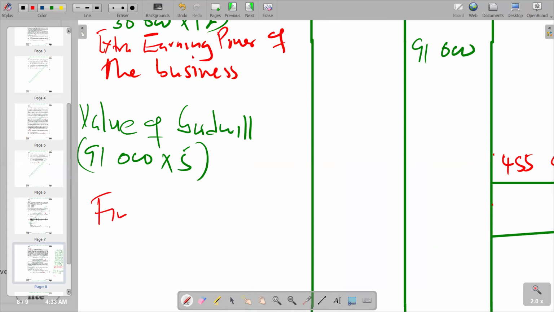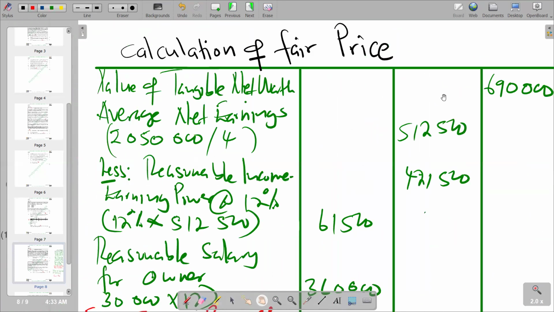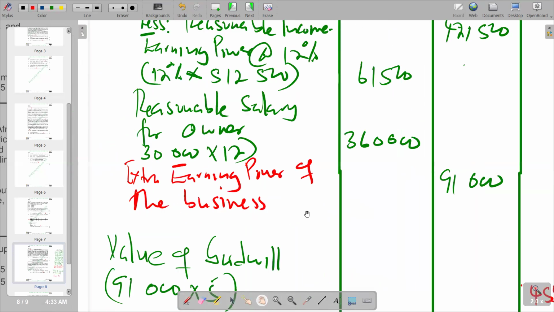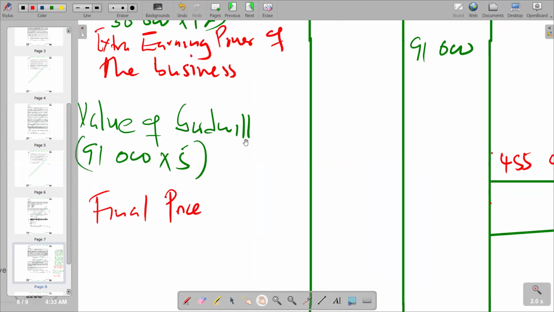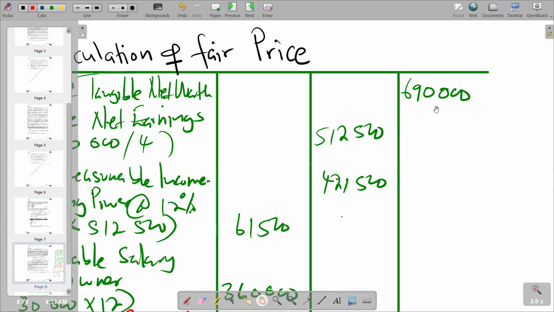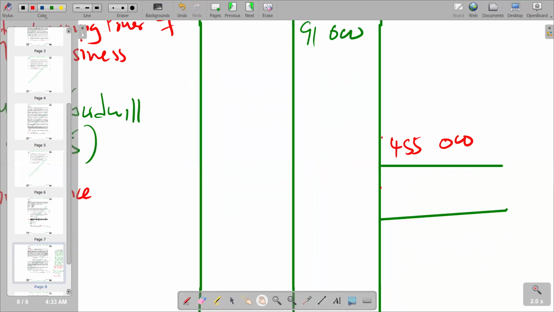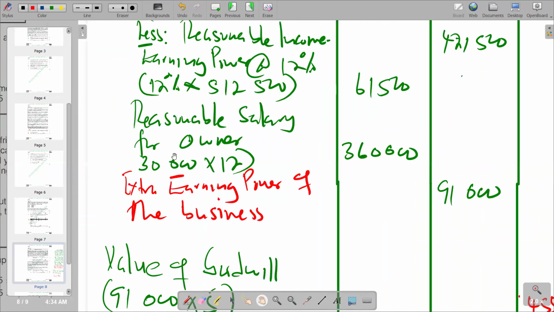This is the figure that we are looking for, which we are going to get by saying the value of tangible net worth 690,000, plus the value of goodwill, which is 455,000. So basically, we are saying 690,000 plus 455,000, and the answer that we are going to get there becomes your final price, which is going to be your 1,145,000. So this is what we have on the calculation of final price according to this question paper.